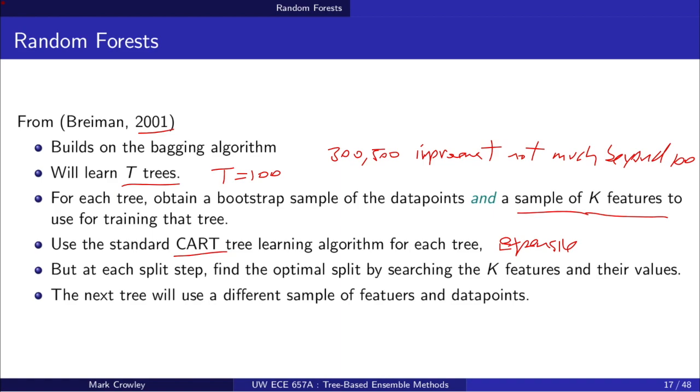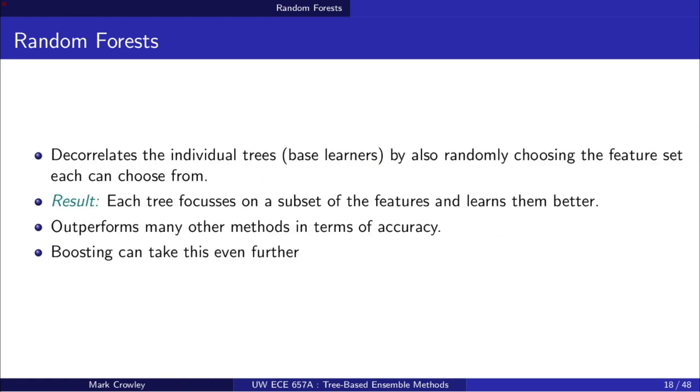So say we've got our original data set of size n. We've got tree one, and it's going to learn on some subset, like we said, an n prime data set, which is a subset of the full data set.